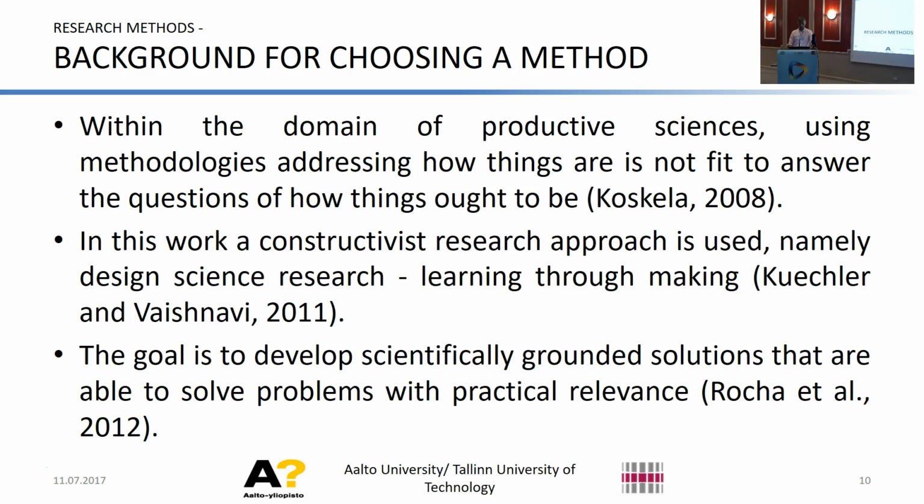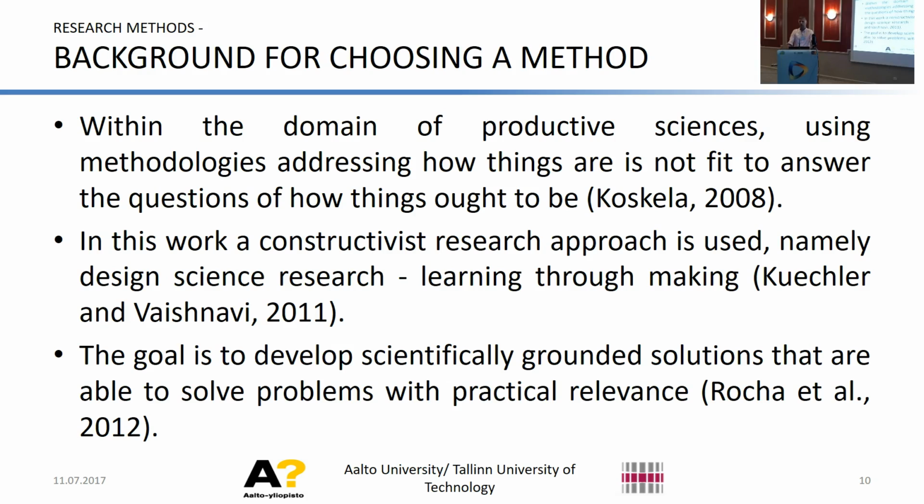So going forward to the research method, I've employed a constructivist research approach, more particularly design science research, because it makes a lot of sense. I'm trying to develop a design methodology. And from another perspective, it's necessary because in productive sciences, as we are in, we cannot use the same methodology and methods to study the phenomenon that you would in natural sciences.